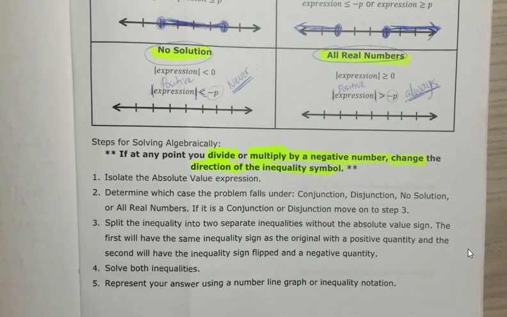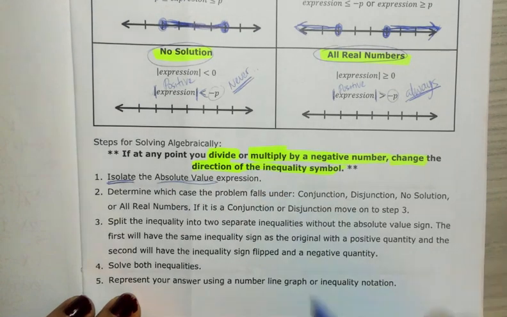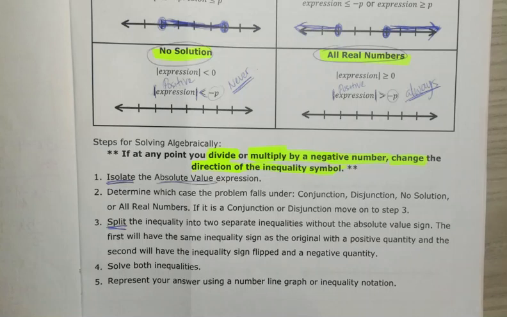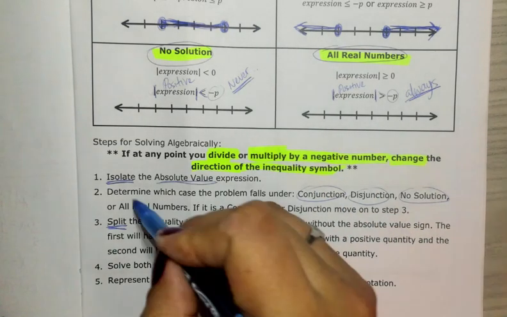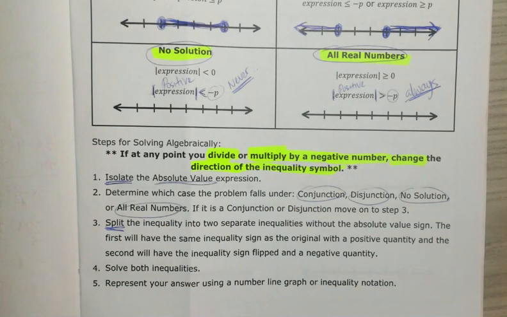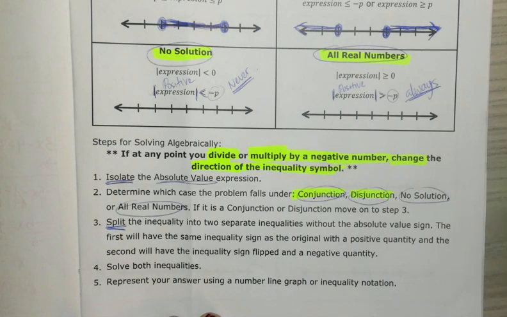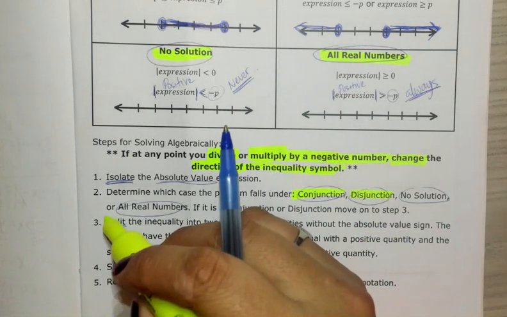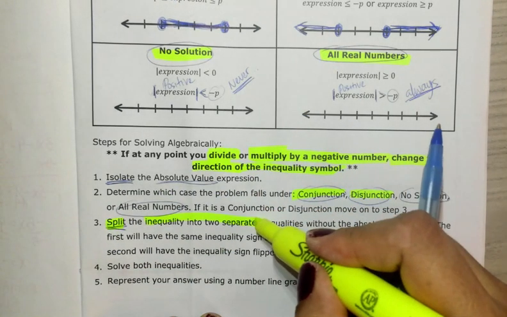Also, you are still going to isolate the absolute value like you did with equations. But before you split, you need to determine if you're going to have a conjunction, disjunction, no solution, or all real numbers. If you end up with a conjunction or disjunction, then continue with step 3. You're going to split the inequality into two separate inequalities.